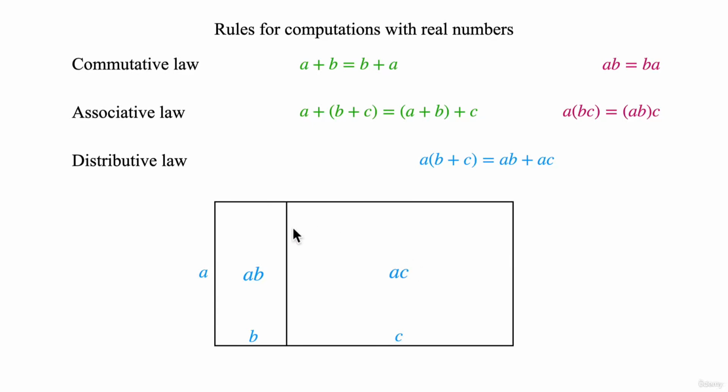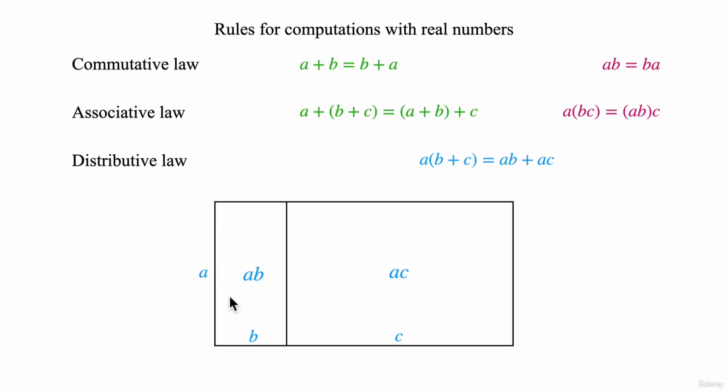But the sum of the two areas is exactly the same as the area of the total large rectangle. So indeed A times B plus C is equal to AB plus AC.